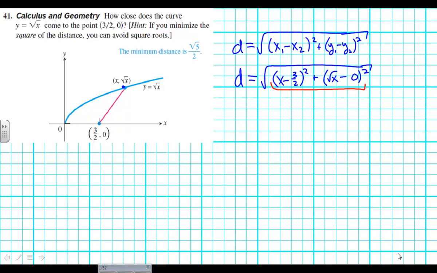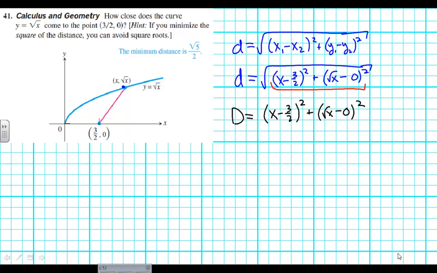So instead of taking the derivative of little d with the square root and the squares, I create a brand new function and call it big D. And big D is only the radicand, and I'm going to minimize that function.